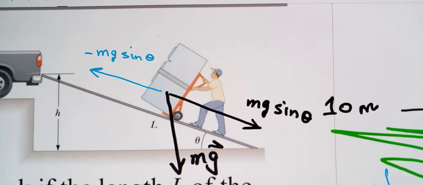Increase the distance to minimize the force. And of course, the distance will depend on the angle. So basically, decrease the angle, you will end up needing less force. Work is constant. Work is always constant.